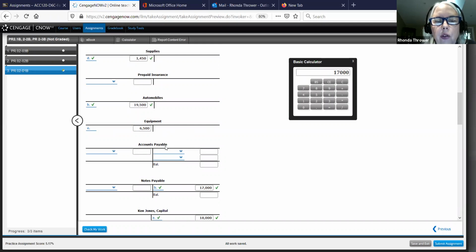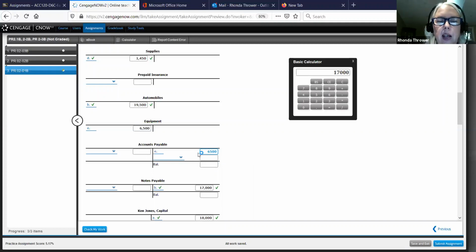Because accounts payable is a liability, it's going to go up on the credit side because I owe money now. I owe more than I did in the last transaction. I'm going to record it on the credit side. This came from transaction E, and the liabilities have increased by $6,500 in this transaction.